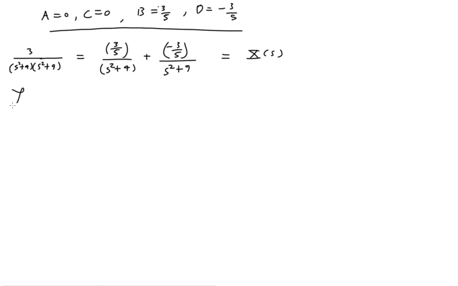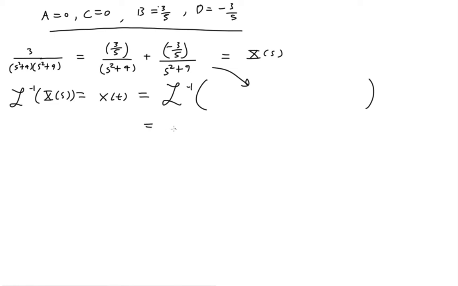Right, so if I take an inverse Laplace transform of capital X of s, that's going to equal x of t, just like we want, and that's going to be the inverse Laplace transform of all this stuff in there.